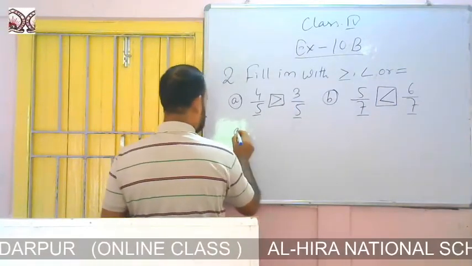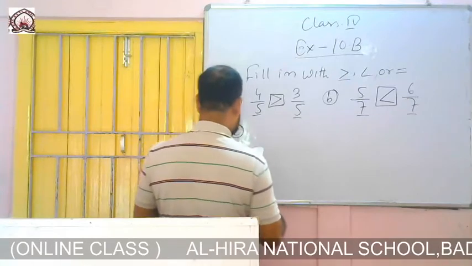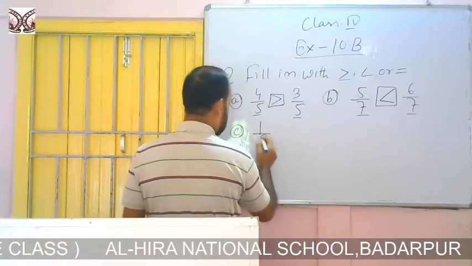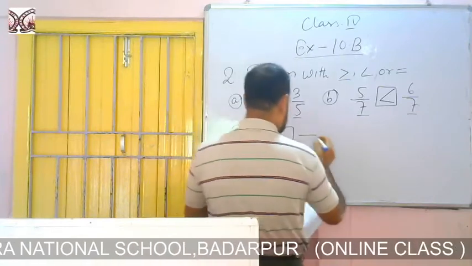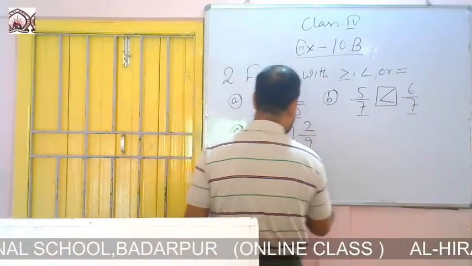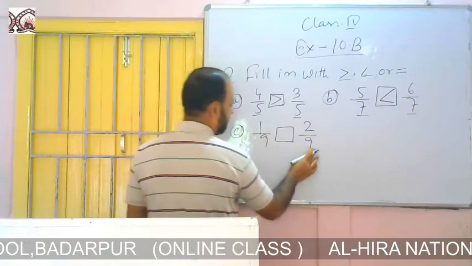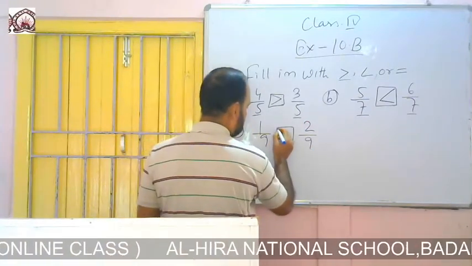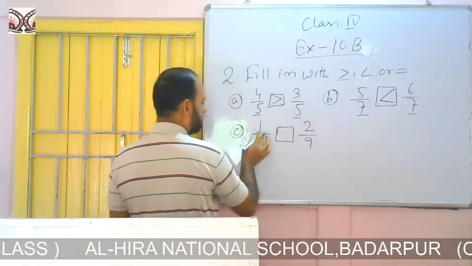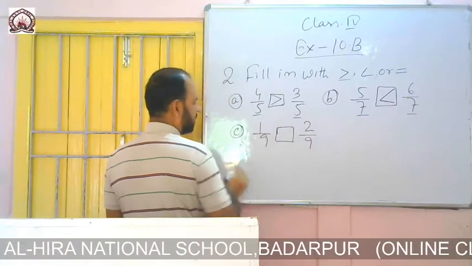Next, question number C, 1 by 9 and 2 by 9. Same like fractions, the denominators are the same. So now we compare the numerators.